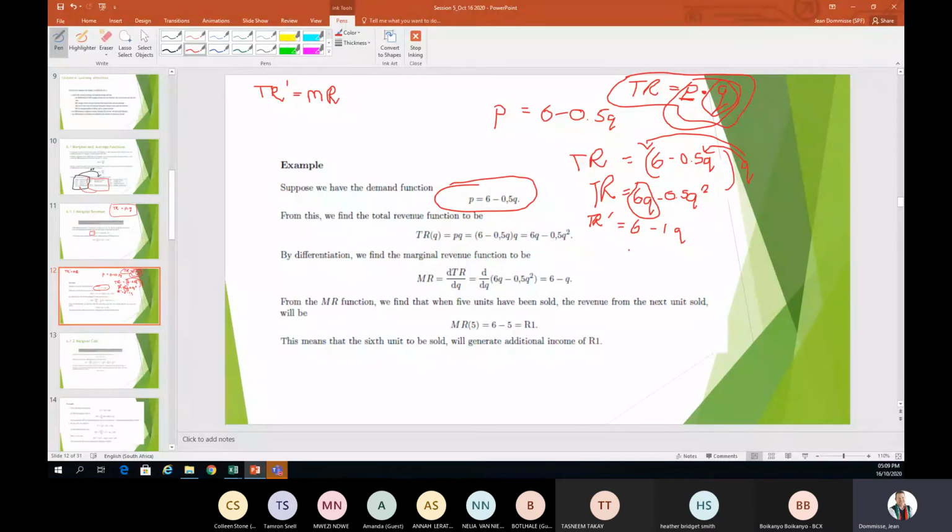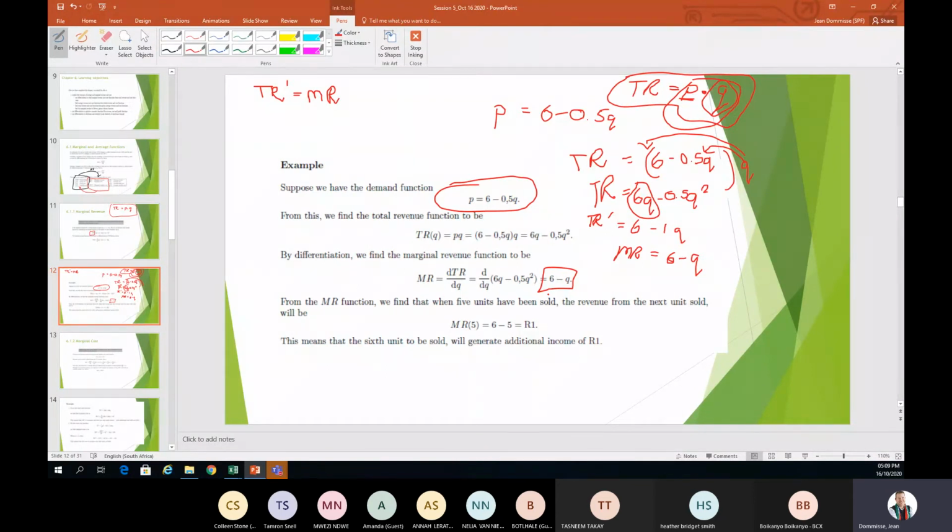So your marginal revenue function is then equal to 6 minus Q. Okay, and you can see that is what they have gotten as well. So that is now your marginal revenue function.